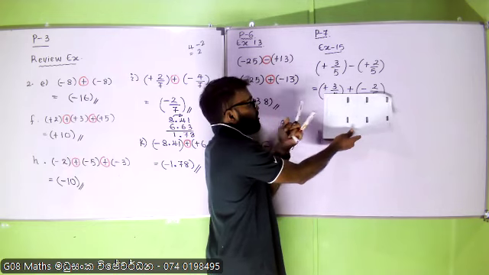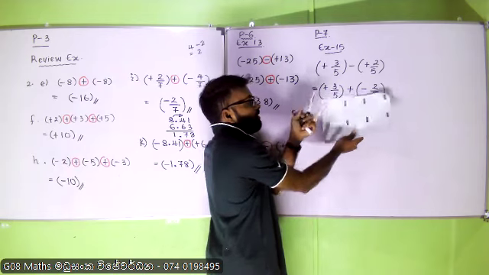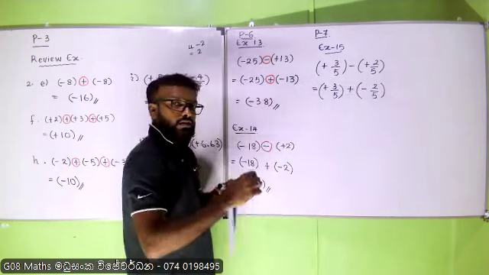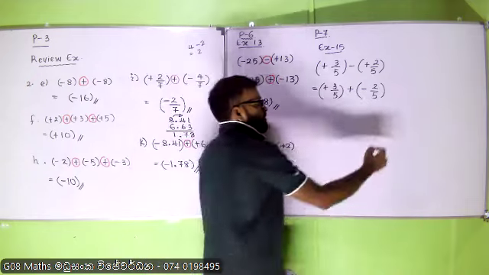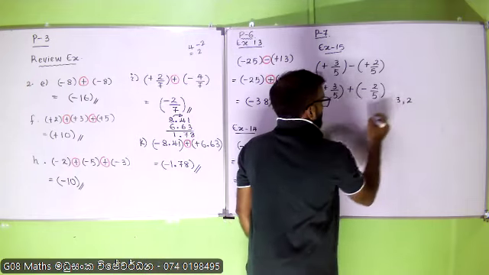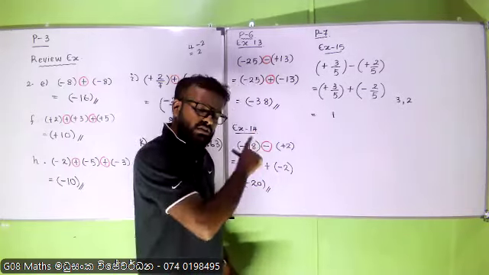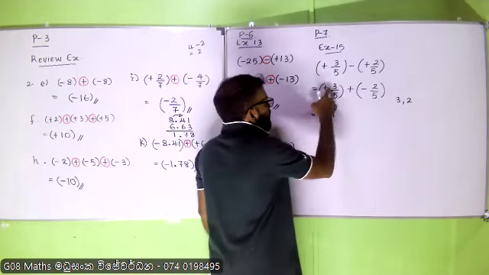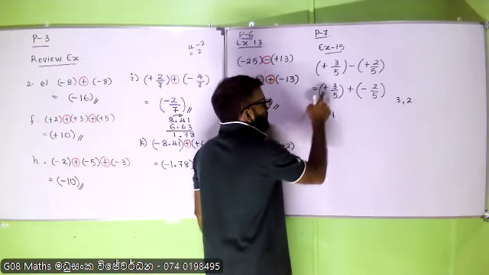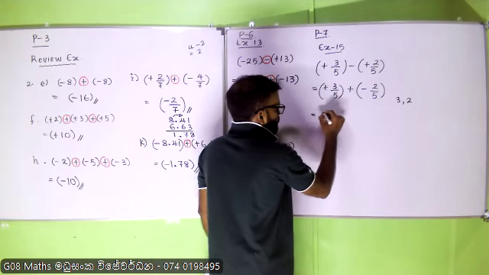First of all, take the two numbers, 3 and 2. Then get the subtraction: 3 minus 2 equals 1. How to decide the sign of this one? What is the biggest number, 3 or 2? 3 is the biggest number, and that is positive. So this is positive. So 1 upon 5.